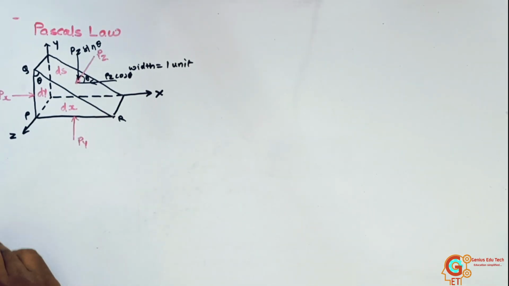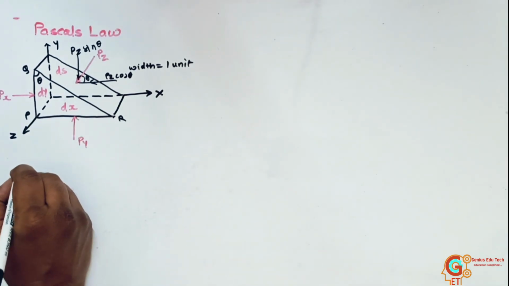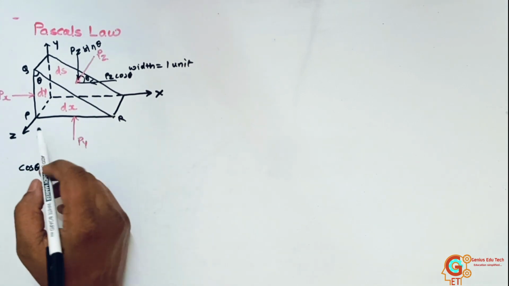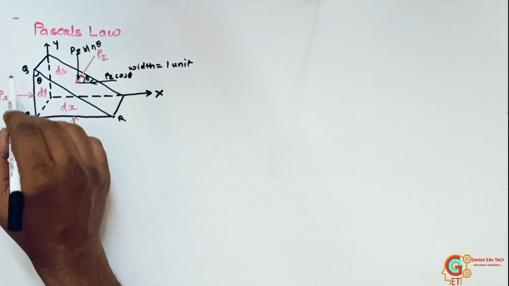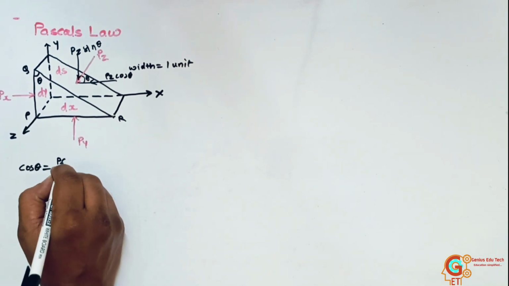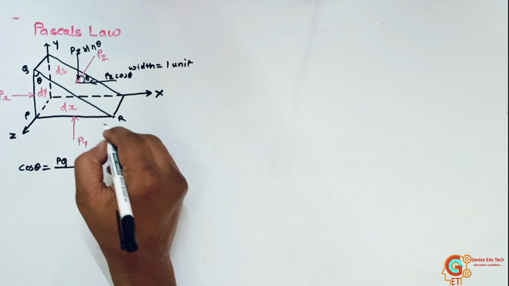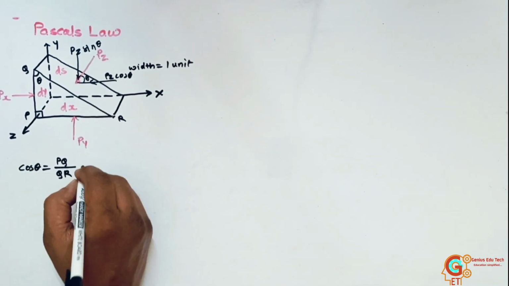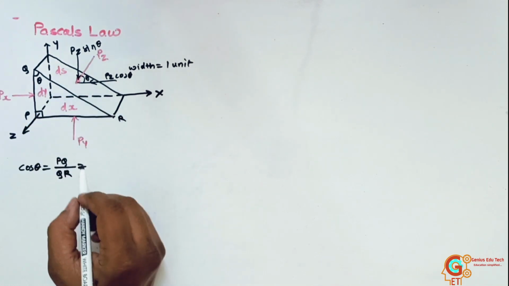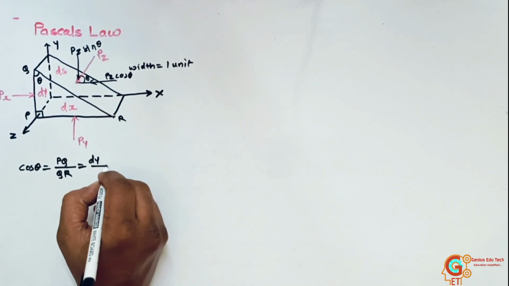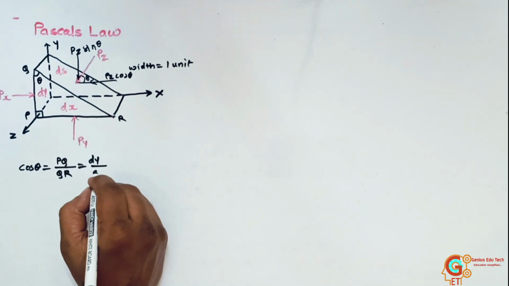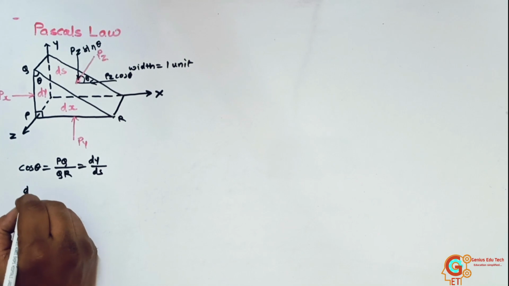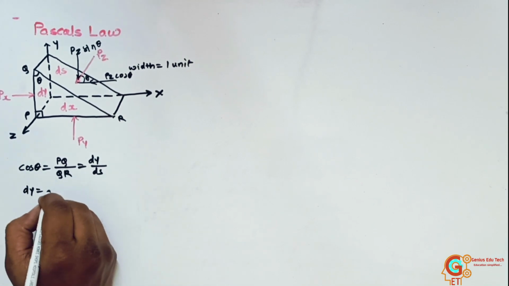In this we can write for cos theta is PQ upon QR. But what is PQ? PQ is nothing but dy and QR is nothing but ds. So I can write dy is ds cos theta.